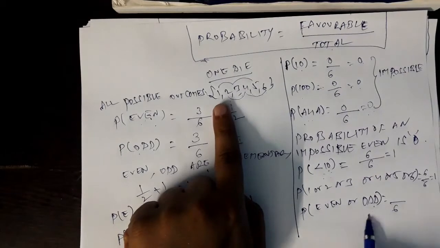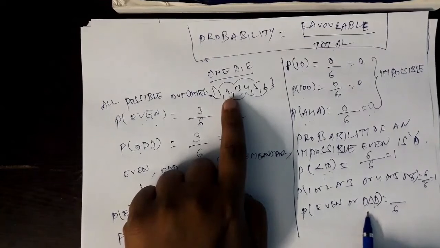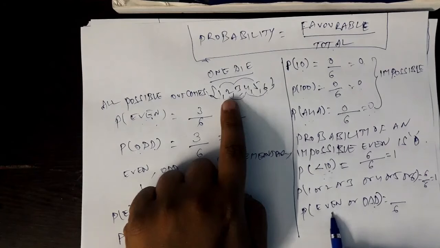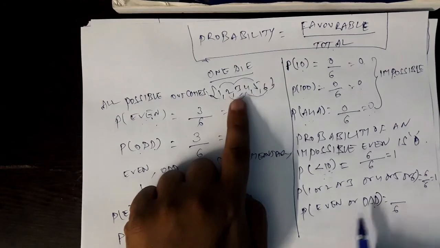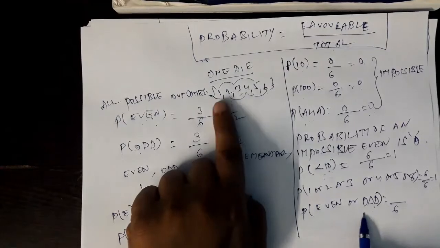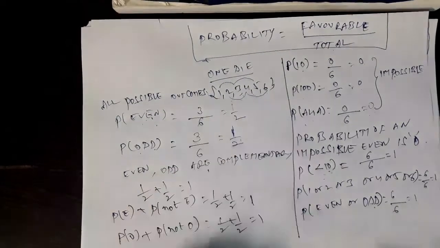To satisfy this condition, it should be an even number or an odd number. 1 is an odd number, so this is satisfying. Coming to this outcome, 2, is it satisfying? Yes, 2 is an even number, so this is also satisfying. 3, an odd number, so this is also satisfying. In the same way, all are satisfying, right? So favorable cases are 6. 6 by 6 is 1.